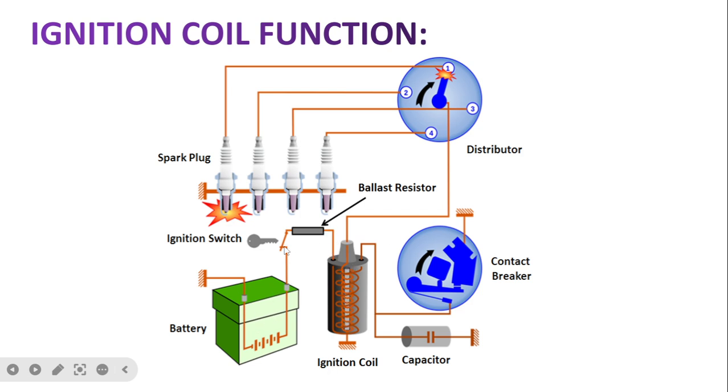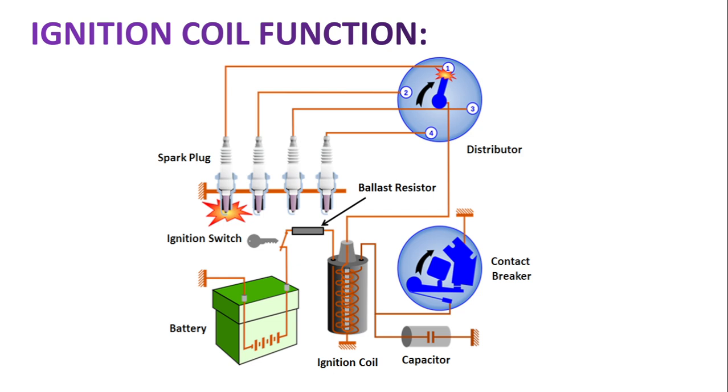From the positive battery they have connected a ballast resistor, and next one terminal of 12 volt is connected to the outer coil of this ignition coil.